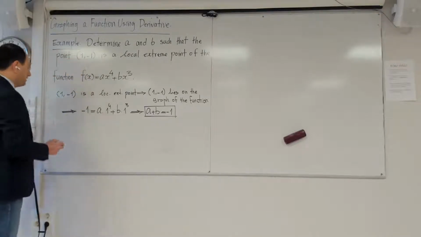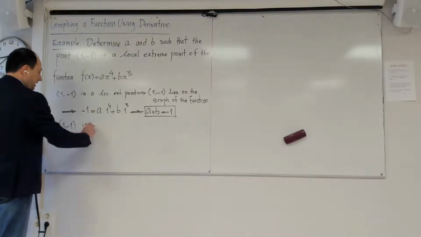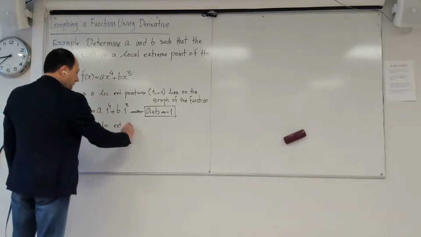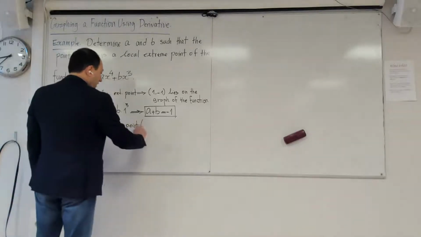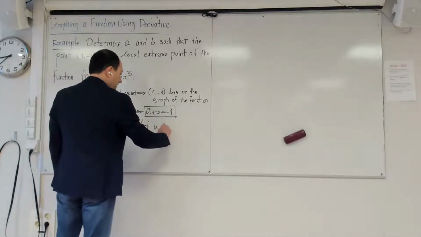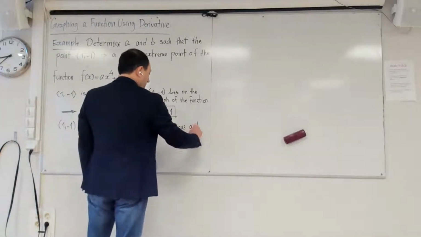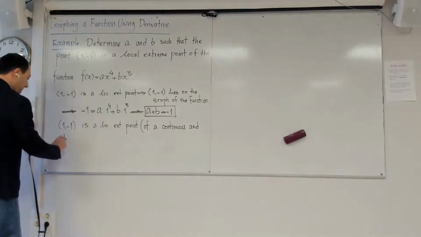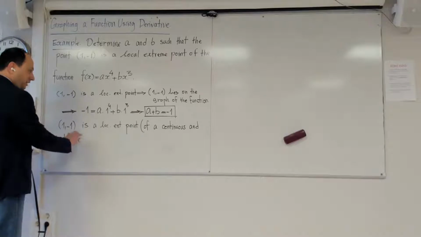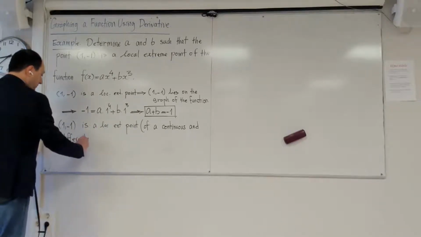So by reading this, I would say that again, from the same piece of information, that this is a local extreme point of a continuous and differentiable function f of x. You don't need to be worried about that, but I mentioned this for the people who are actually interested in details.